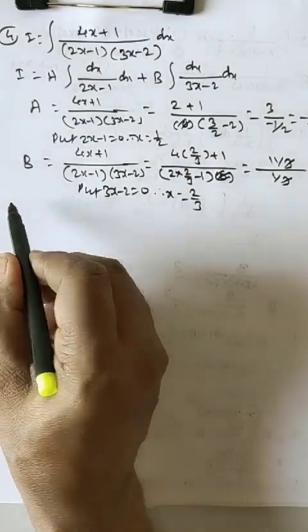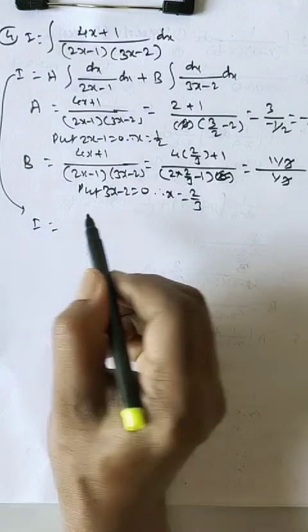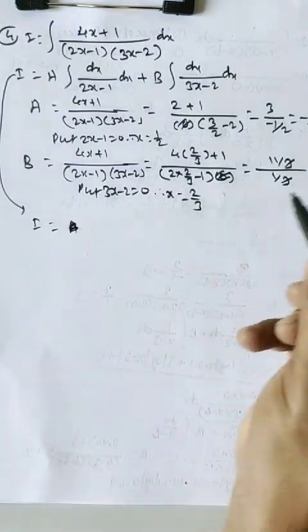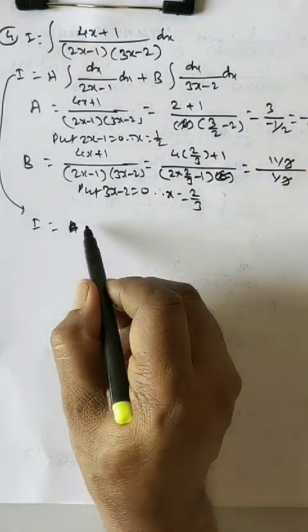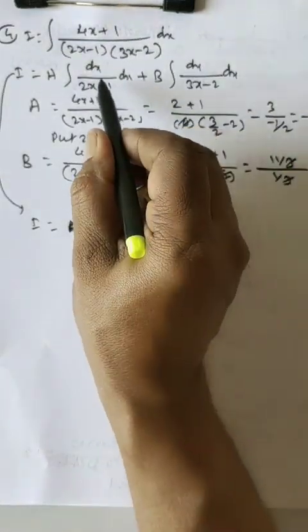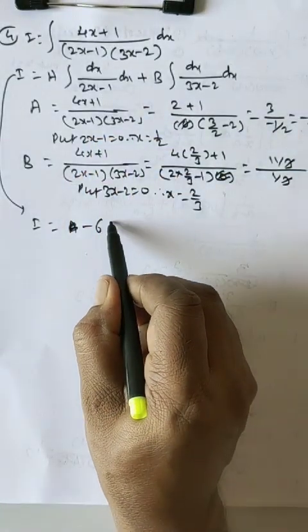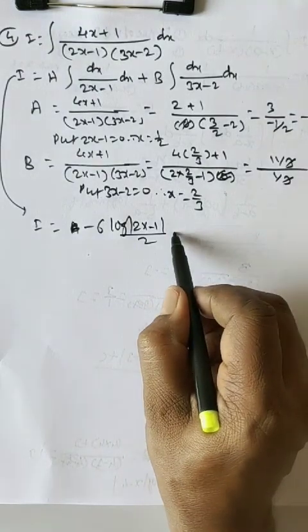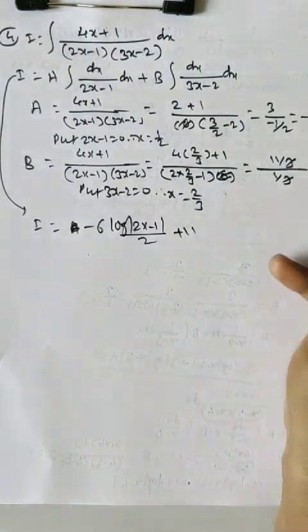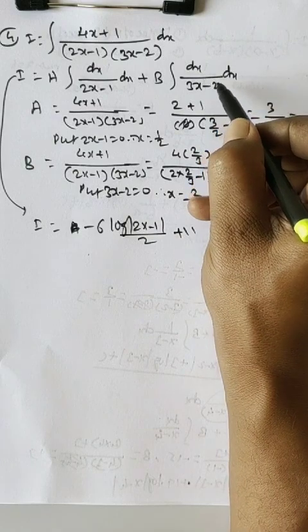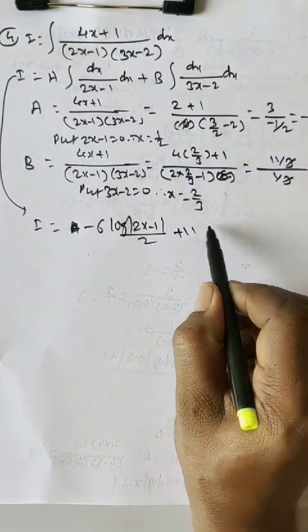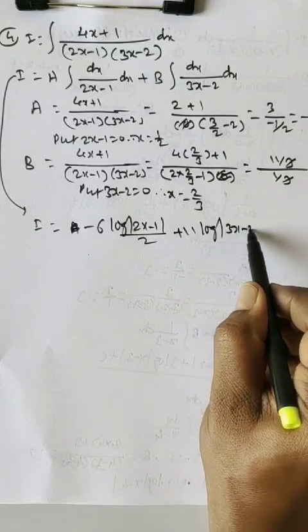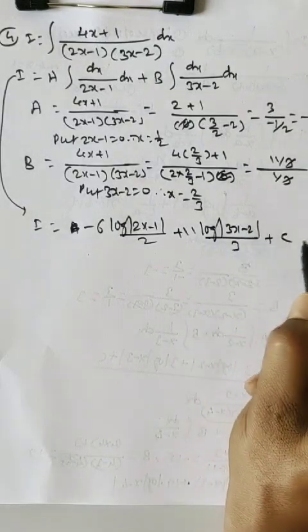Now the answer is, therefore I equal to a into, what is the value of a? The value of a is minus 6. Minus 6 into integration of dx upon 2x minus 1, log of 2x minus 1 upon 2. b, the value of b is 11, integration of dx upon 3x minus 2, log of 3x minus 2 upon 3, plus c.